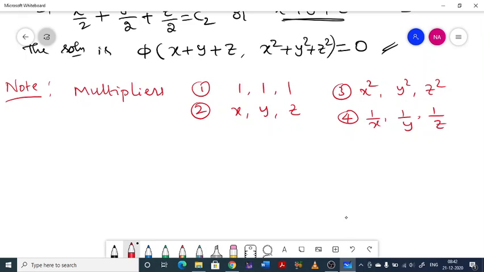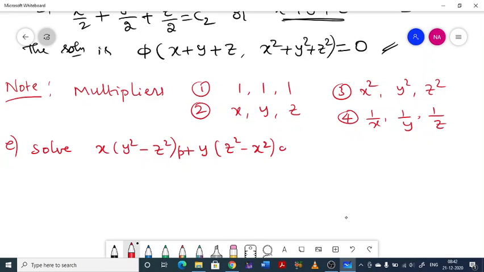So next problem. Solve x into y square minus z square into p plus y into z square minus x square into q equal to z into x square minus y square.